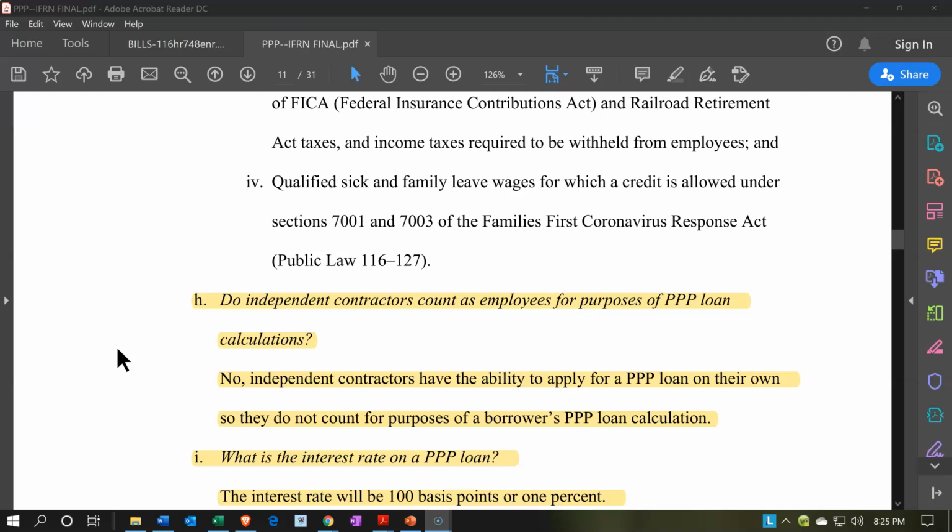It's not payroll. And again, I think the key term here is that when they're thinking of payroll, and it doesn't say this in my interpretation of it, but if you're paying payroll taxes on it in some way, shape, or form, meaning Social Security and Medicare, I think that's kind of what they mean by the actual payroll. Because if you look at the different entities, that'll basically hold true.